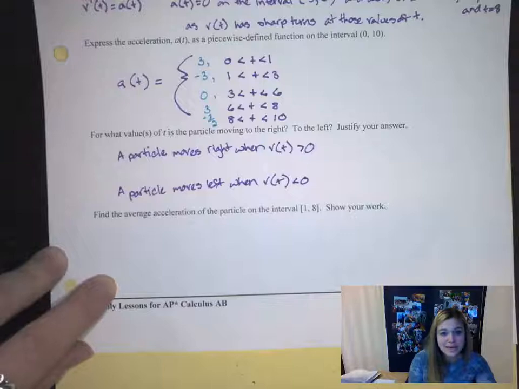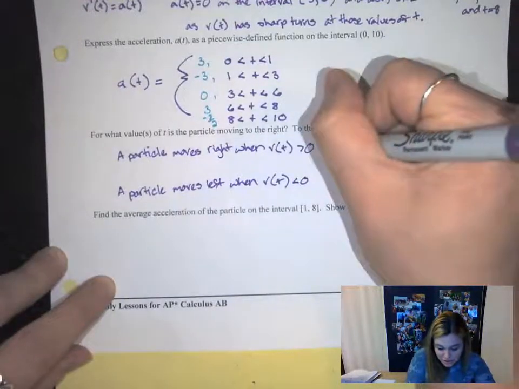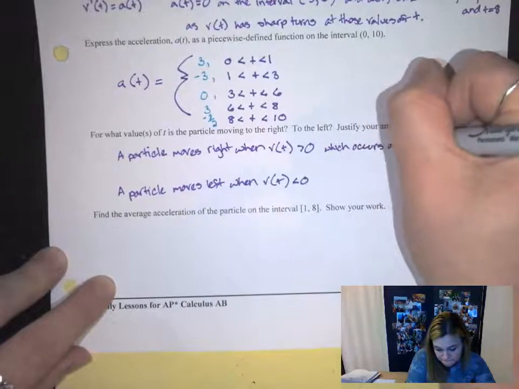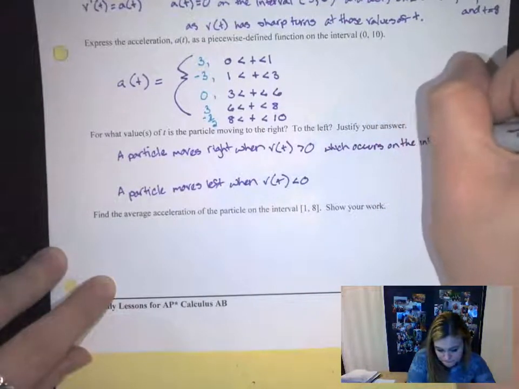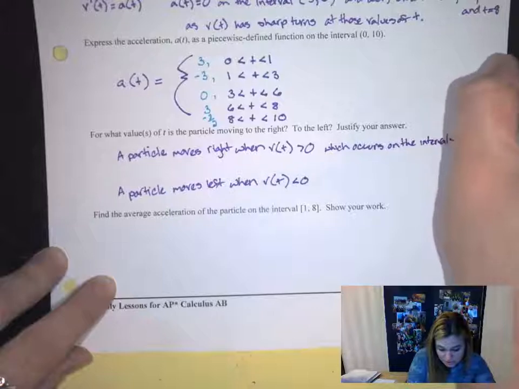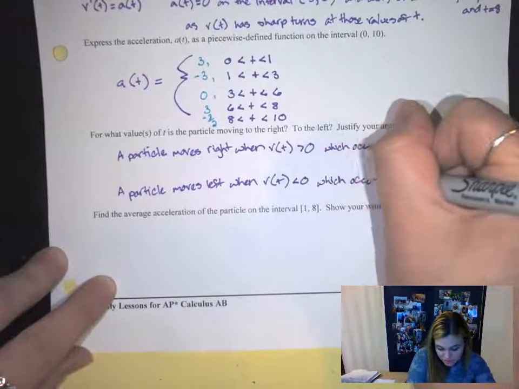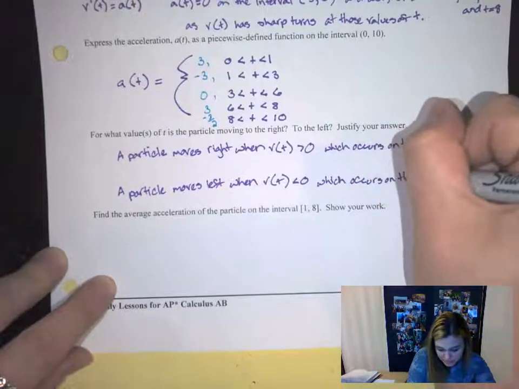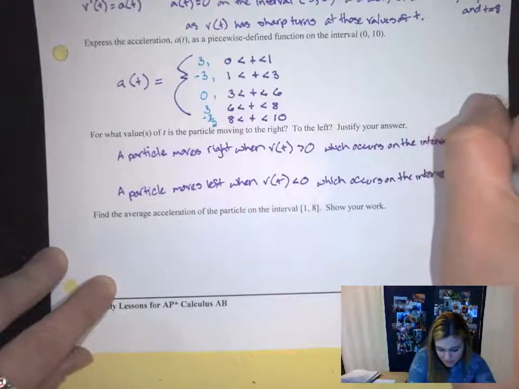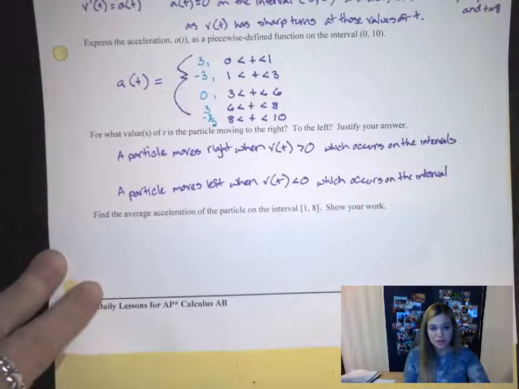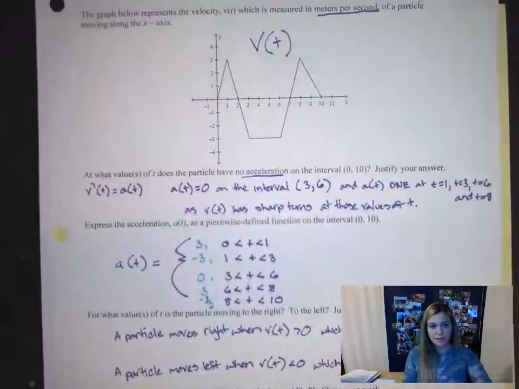And now we can say when it occurs. So I'm going to say which occurs on the interval, or in this case intervals, because I'm looking up above. Just setting this up. If I look up above and I think when is velocity greater than 0, I'm just looking for the places above the x-axis.